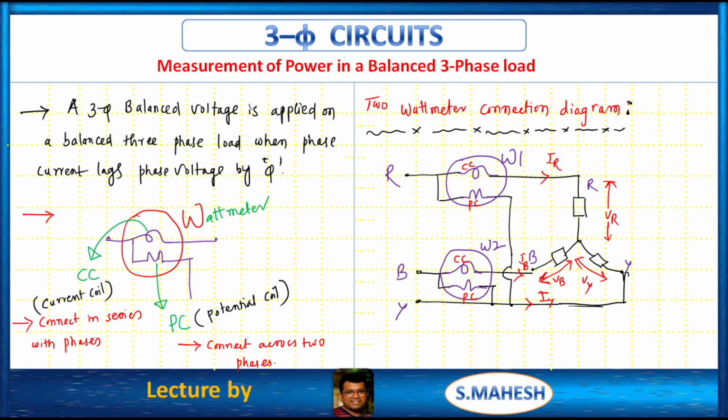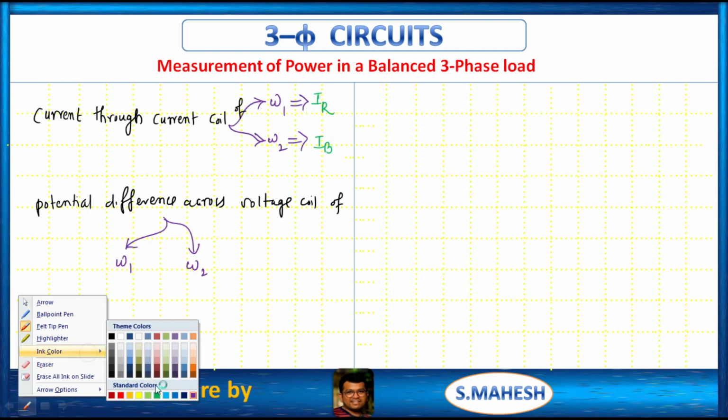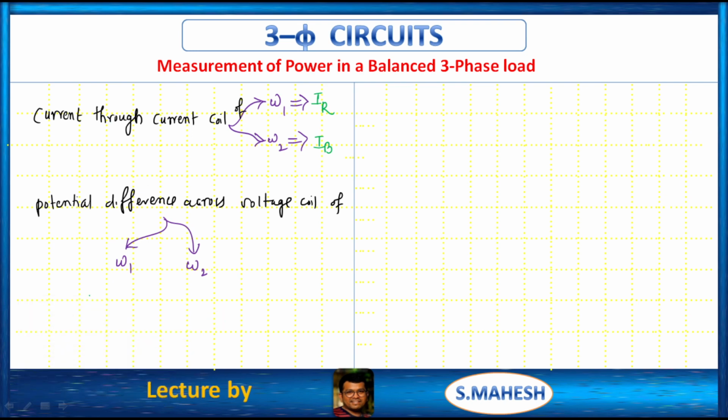For the second wattmeter it is between B and Y, right? Between R and Y, the line voltage VRY equals VR minus VY. Between B and Y, VBY equals VB minus VY. That's it. This is about voltages. Completed. We have the current coil currents and potential coil voltages.